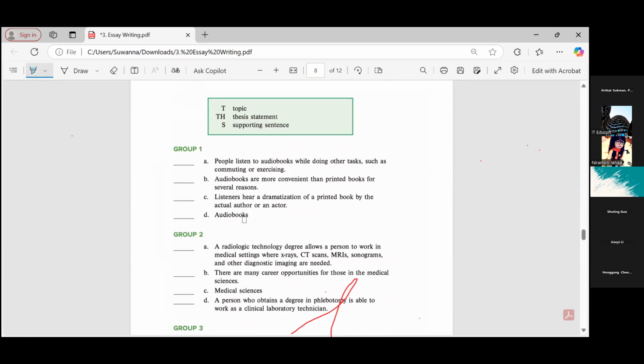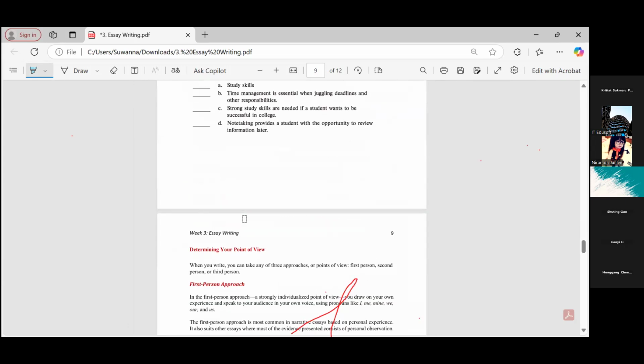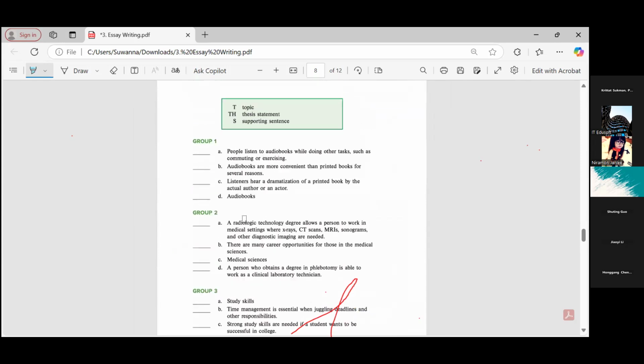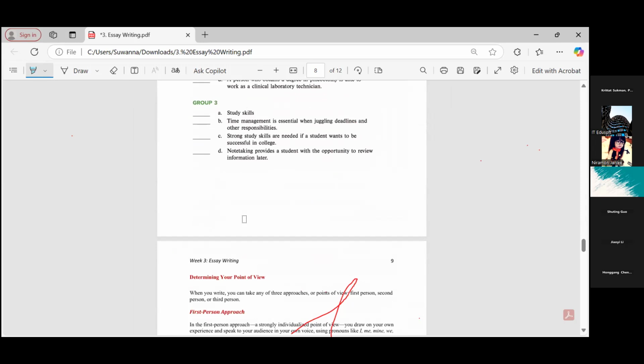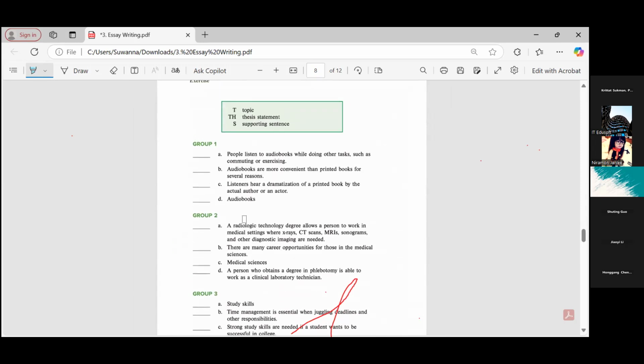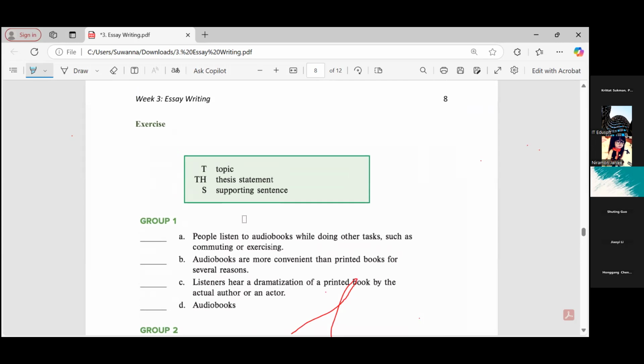And this is also for your exercise, okay? If you have time, please complete it, okay? And next class, before I jump to my main lesson, I would like to see your answers here as well, okay?